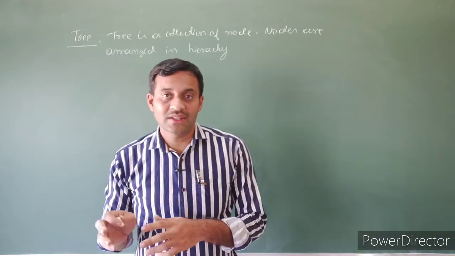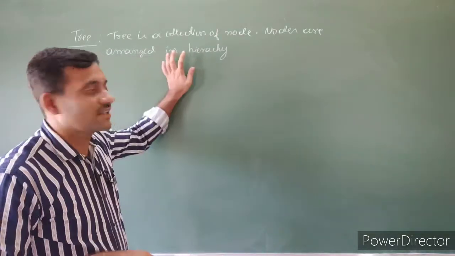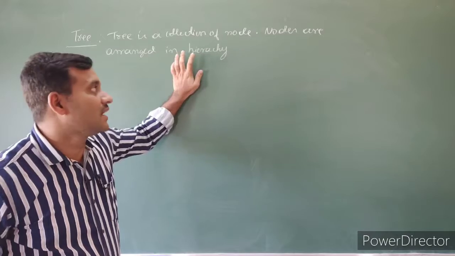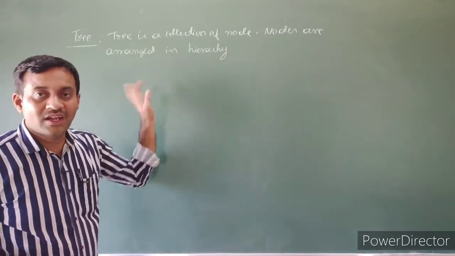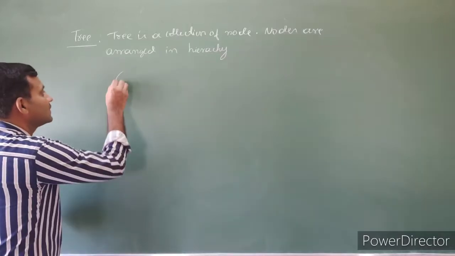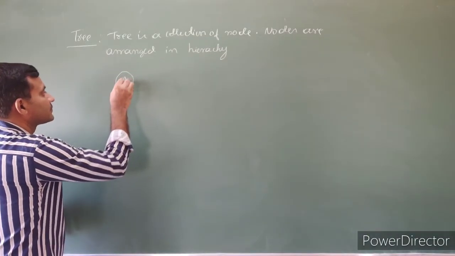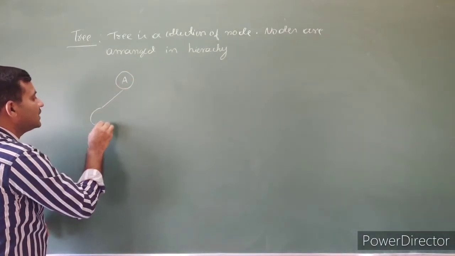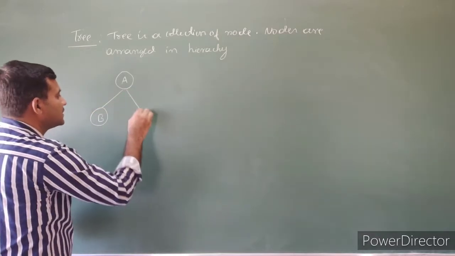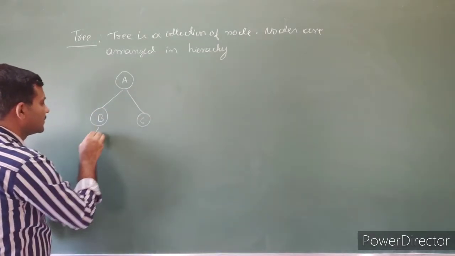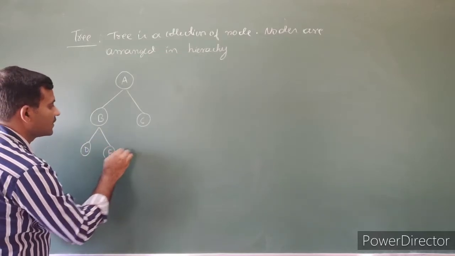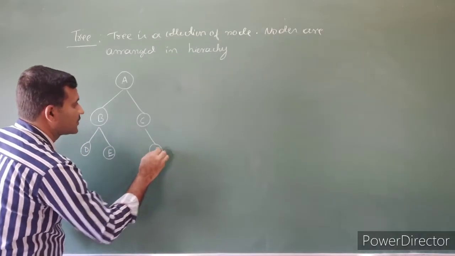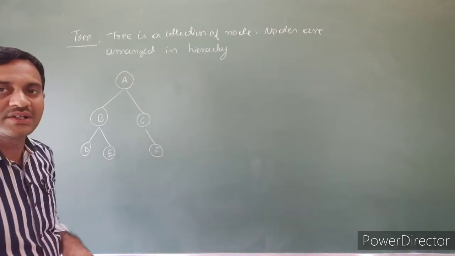It is a collection of nodes, and each node is arranged in a hierarchy. What is hierarchy? Let A be a node, then B is another node, C is another node, and then D, E, and F. This is the example for a tree.